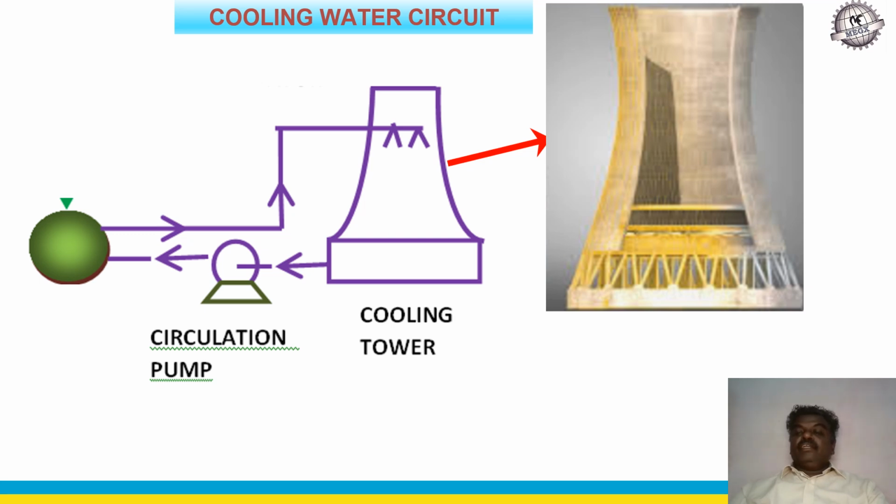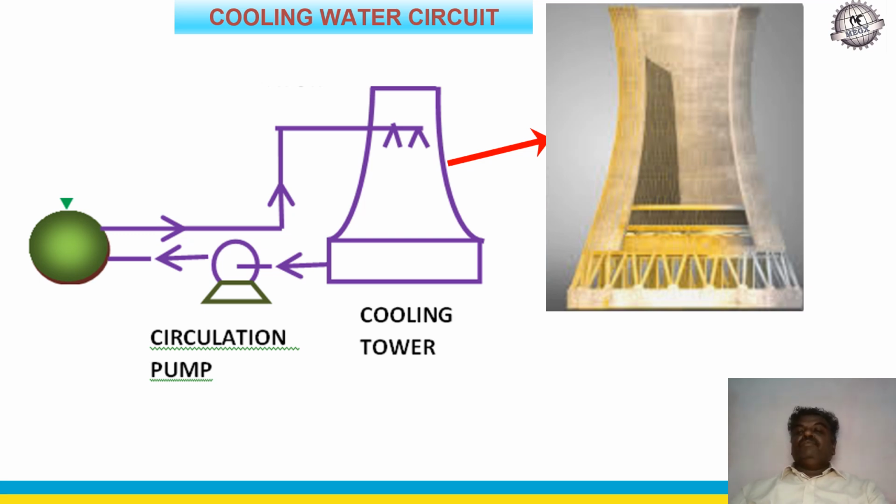This would increase the velocity of air, and the place where the velocity is maximum, the water is sprayed from the top. The cold air that goes in mixes with the hot water directly. So this is a direct contact type of heat exchanger, wherein the hot water comes in contact with the cold air directly.